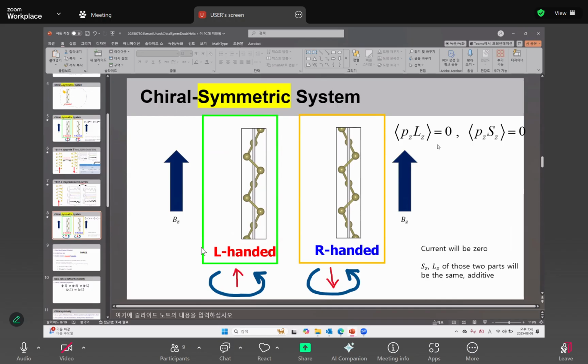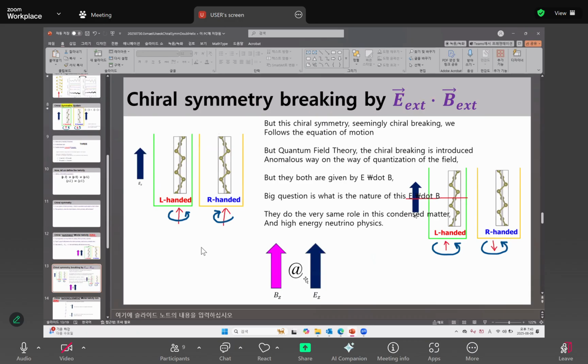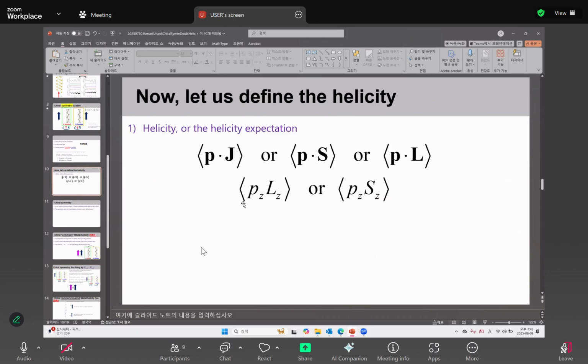Magnetic field helicity will be zero. You will calculate this with TDDFT. But only when you apply the E field and B field together, then the helicity will not be zero.